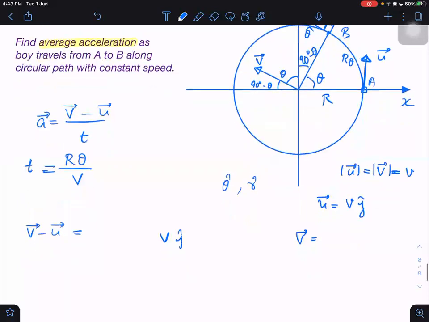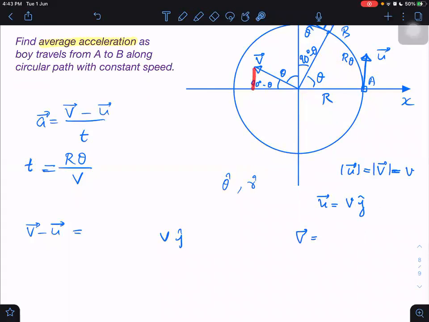Then what will be the v vector if I take the components? Don't forget how to take components. Just take cos of 90 minus theta for the x component, and cos of theta for the y component. What will v become then? V cos 90 degrees minus theta along which direction? Minus i cap.